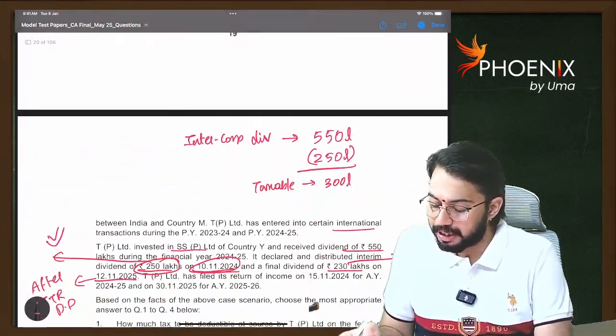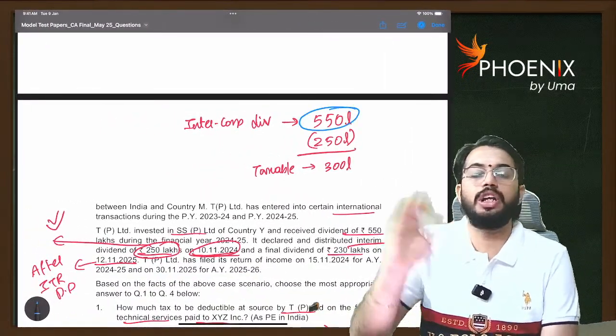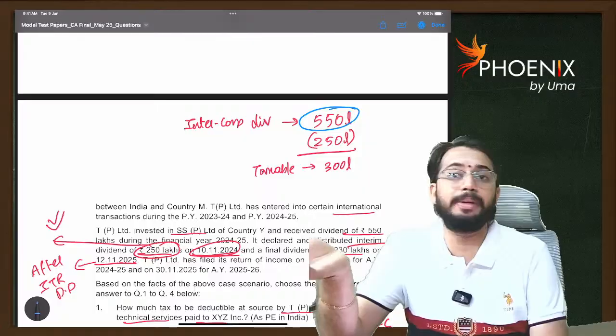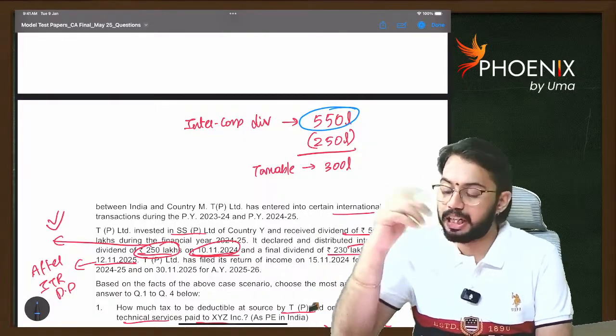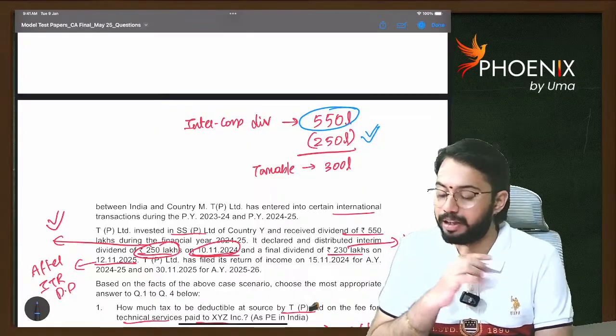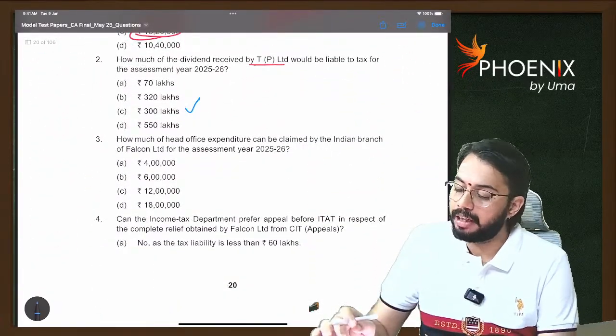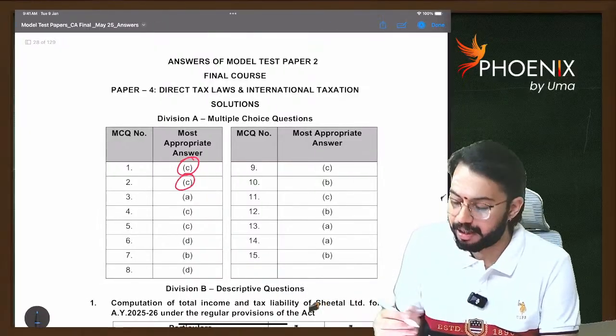We already discussed. 550 lakhs intercorporate dividend is received. Total is not taxable. It is redistributed to shareholders. Now, how much is redistributed? 250 lakhs, 1 month before ITR due date. So, 300 lakhs is taxable. I think that is the answer. 2 is C. Correct.